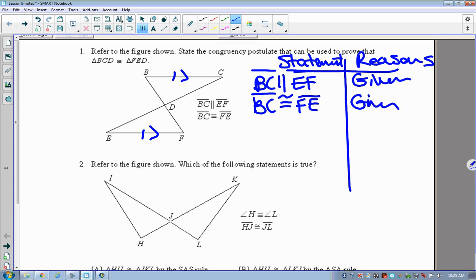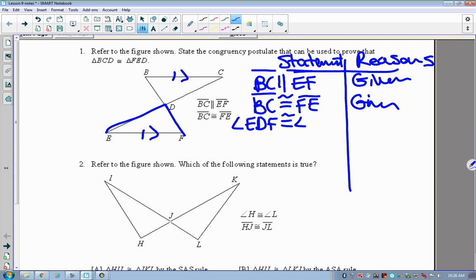You said BDF? E. Okay, so he's saying EDF. So angle EDF. Now, what do we know about vertical angles? They are congruent. So angle EDF is congruent to what?